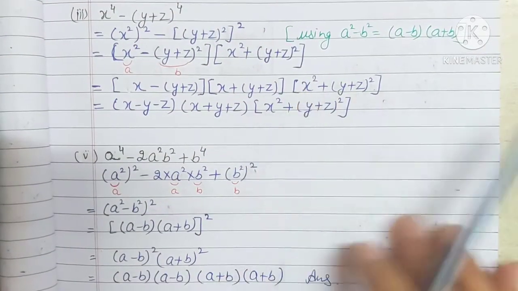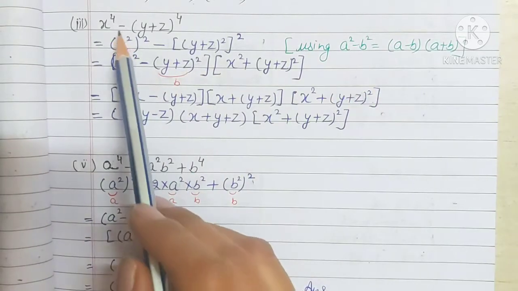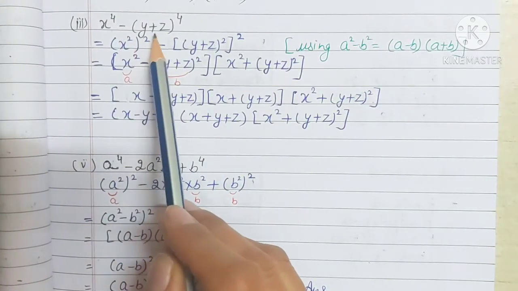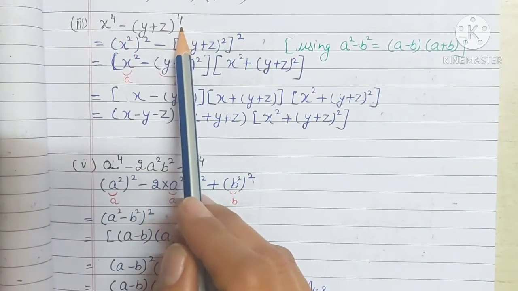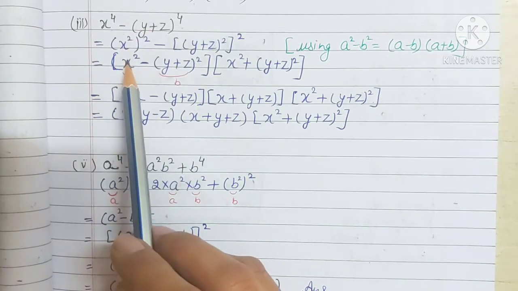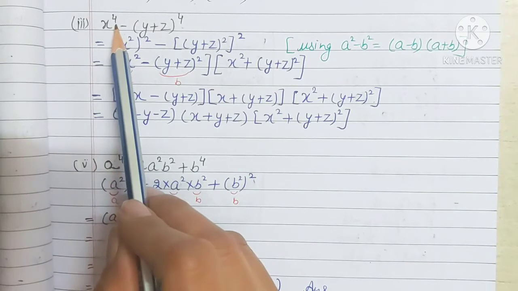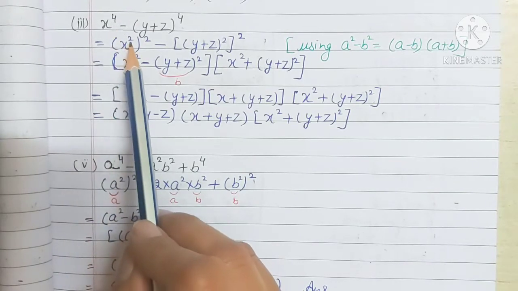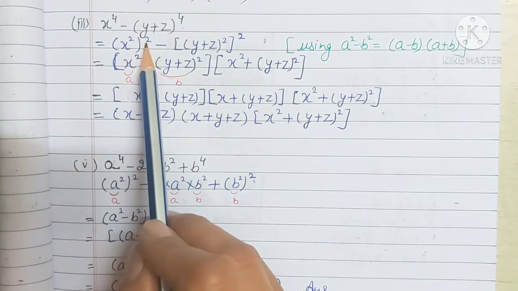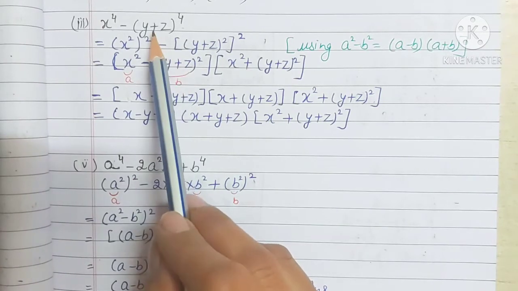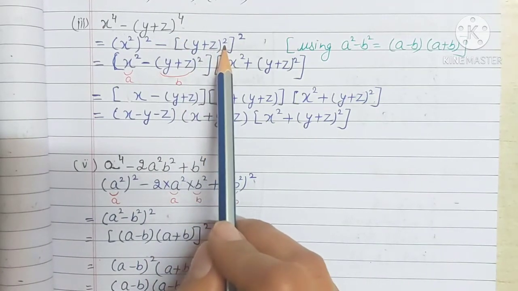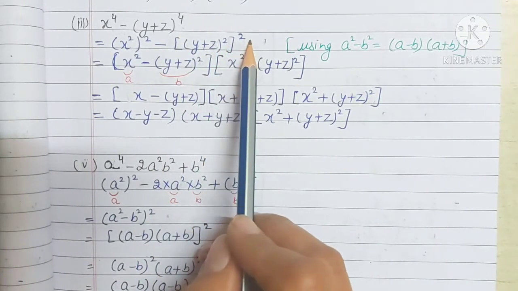Third part, it is x raised power 4 minus (y plus z) raised power 4. So firstly I will convert it into the form of a square minus b square. So x raised power 4, I will write as (x square) power 2, minus I will write (y plus z) whole square power 2.